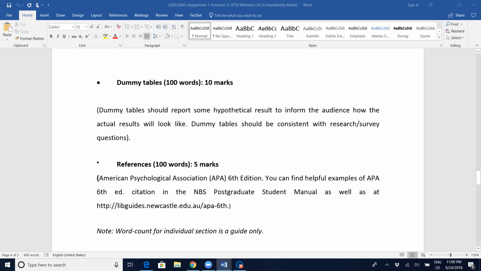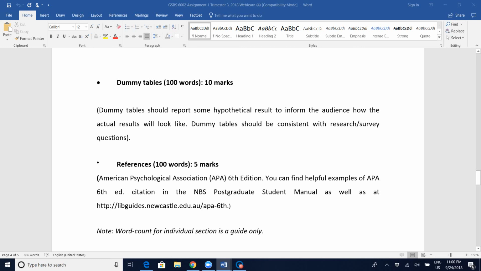Keep in mind that although you fill up your dummy tables with hypothetical results, these results should be consistent with your questionnaire as well as your research design. For example, if you are presenting some results derived from a statistical technique such as regression analysis, but in your research design section you have never mentioned that regression analysis would be used, it means that the dummy table is not consistent with your research design.